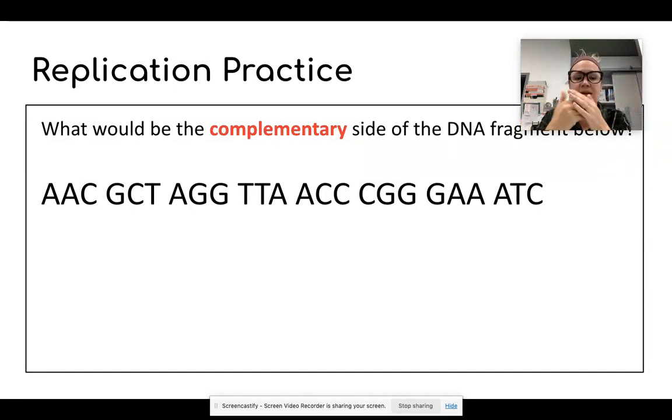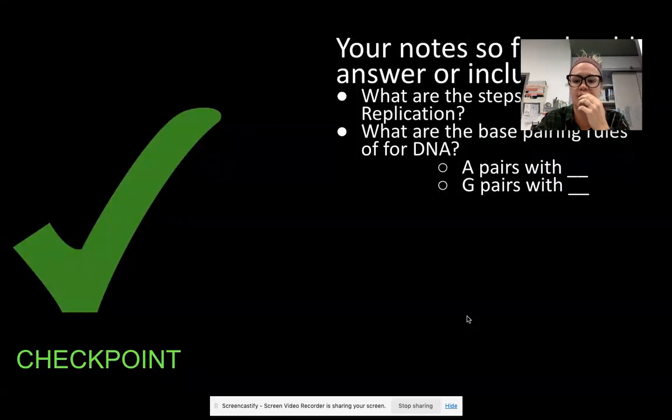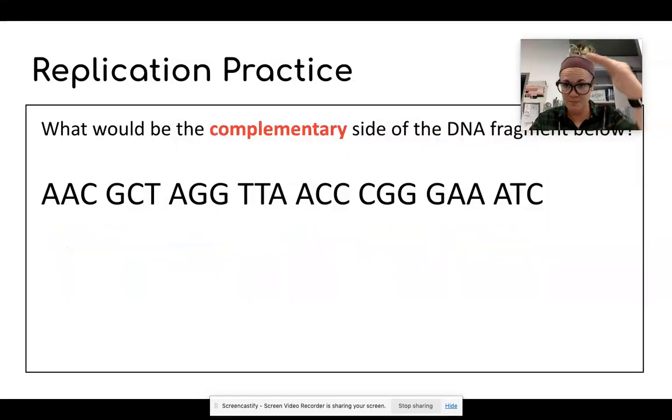And so you have adenine, cytosine, guanine, cytosine, thymine, and it continues that way. So we'll read from right to left. I want you to pause, and we're going to write below the strand. So pause it and give it a try.